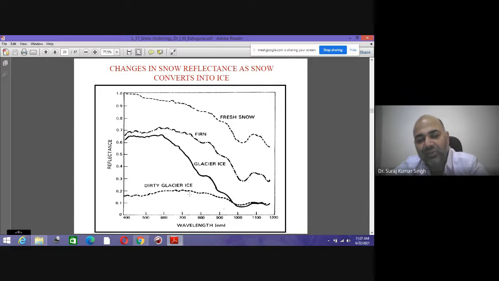So if we use these bands, blue, green, red, near infrared band, we can easily identify the different forms of glacier ice, dirty glacier ice, using the spectral response curve of various forms of snow.